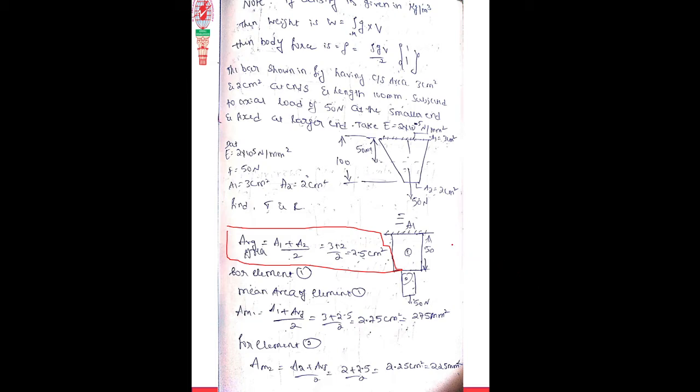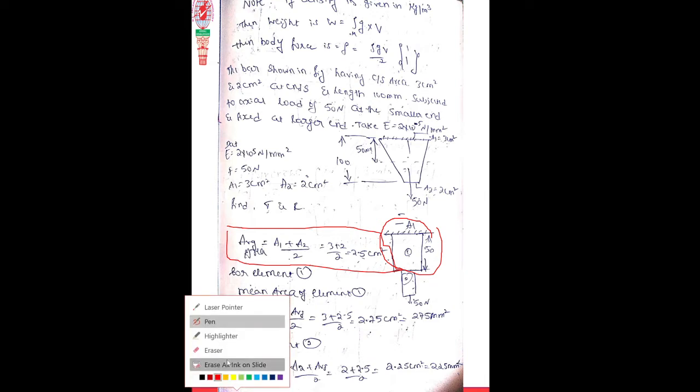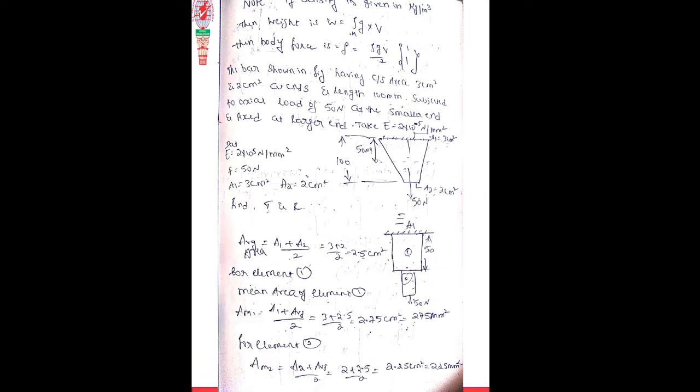Therefore, at the middle we got the average area. Now we need to find the average area of section 1. How do we find it? I know A1 here, and I know the mean area here. Therefore, the average area of the first element or section 1 is (A1 plus this average area) divided by 2.